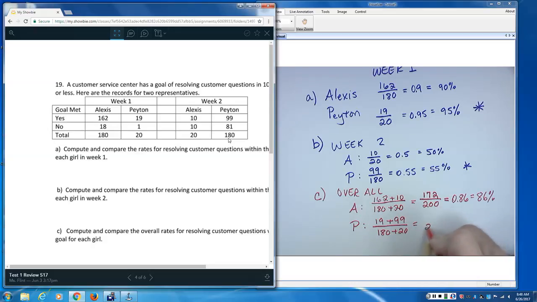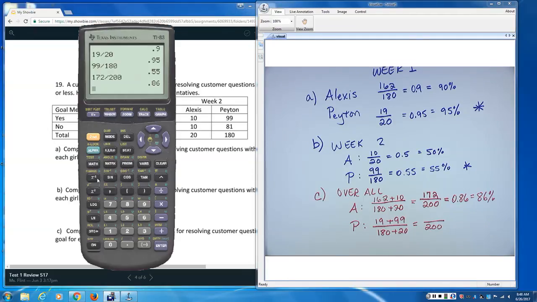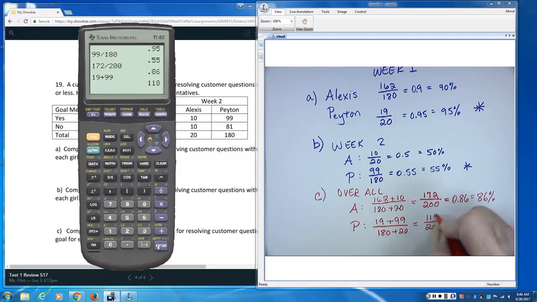Still a total of 200. And 19 plus 99 is 118. And 118 divided by her 200 customers that she talked to is 59%.